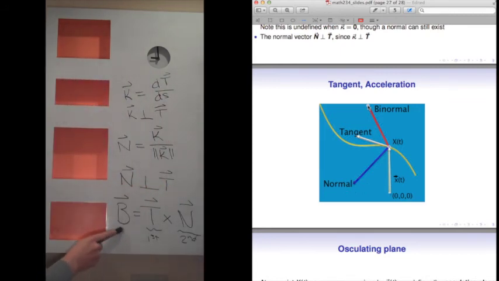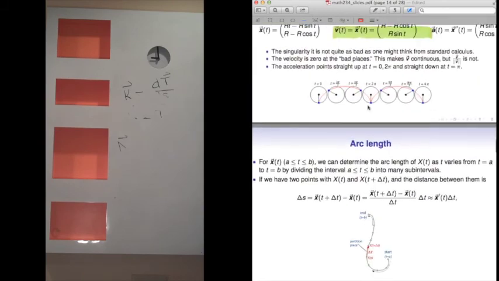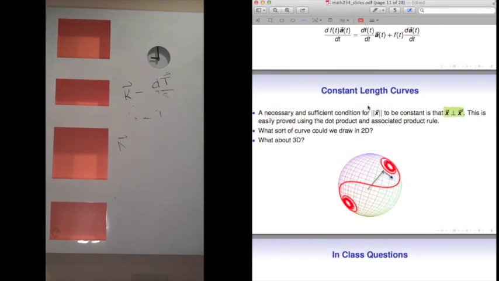So I've written that binormal vector as T cross N. And now the situation on the sphere will make more sense to you. Let me actually go and draw on the slides again.